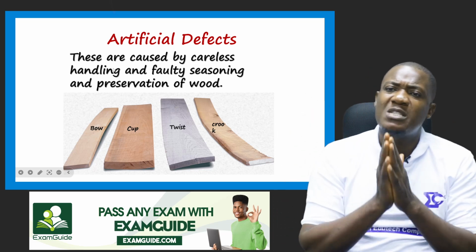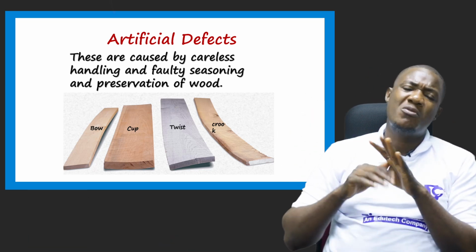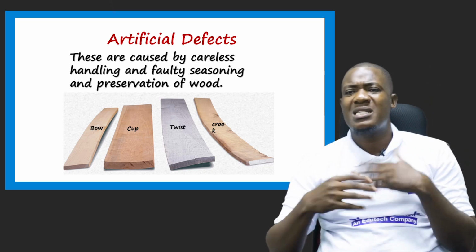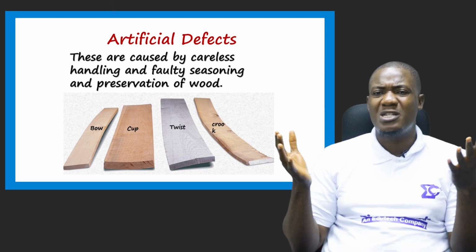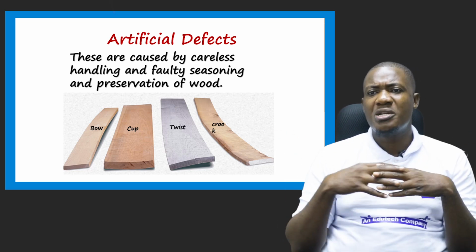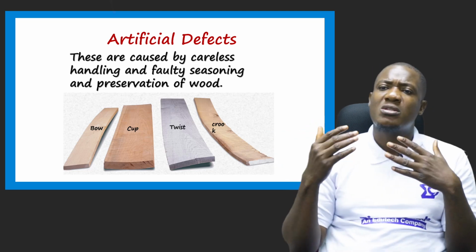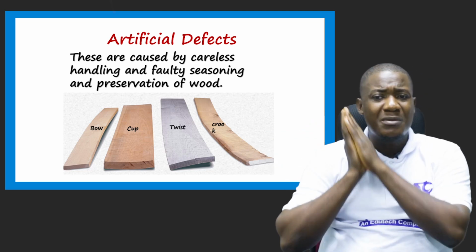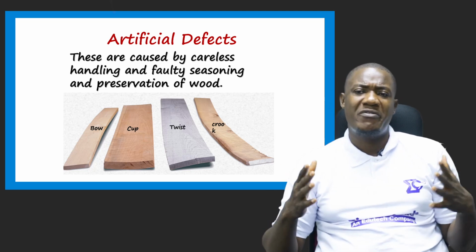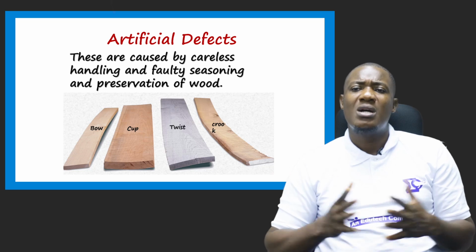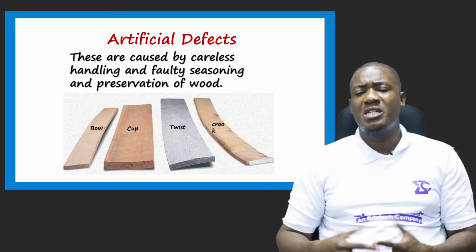We have artificial defects of timber. These are normally caused by careless handling of timber, especially during seasoning or during preservation. Sometimes if they are not kept properly, especially during harmattan, the drying has a way of affecting the shape and look, and can even twist the timber.